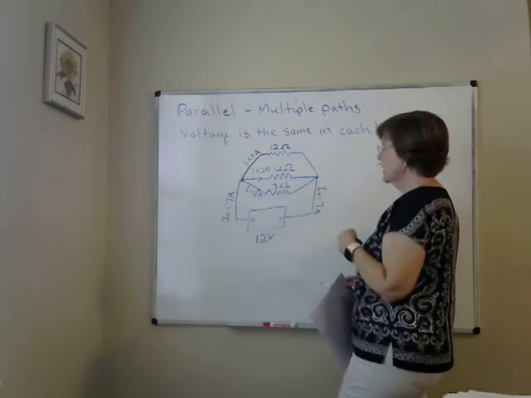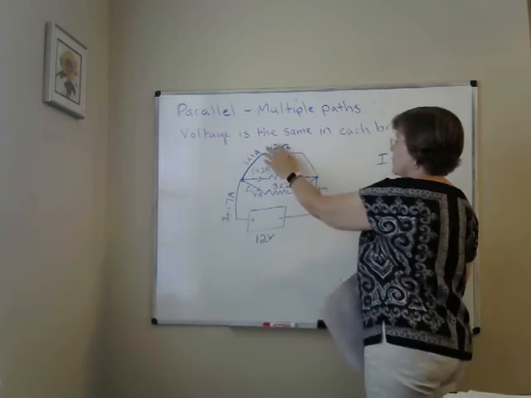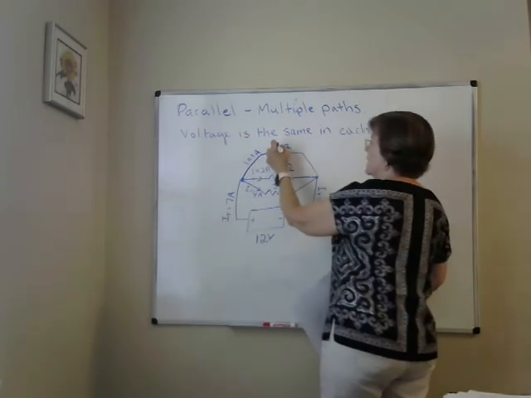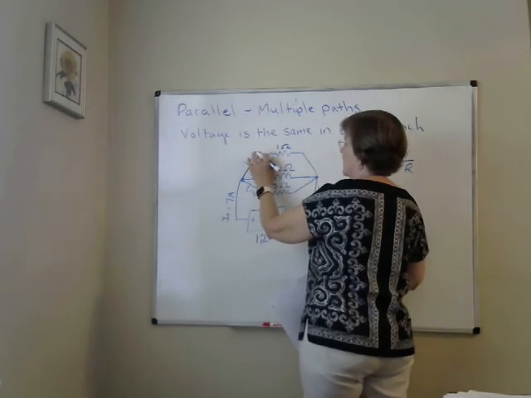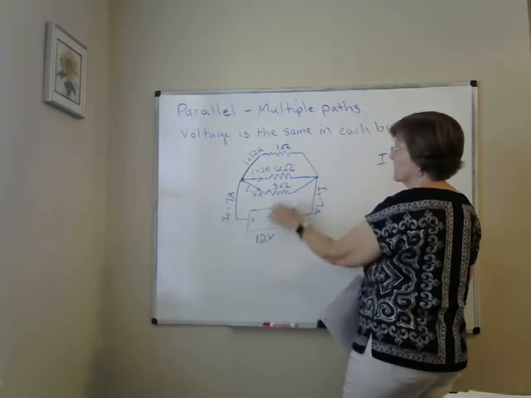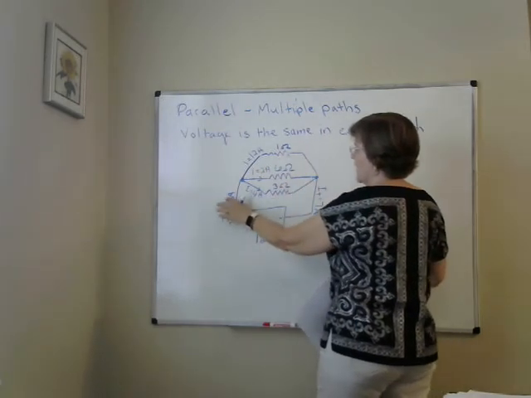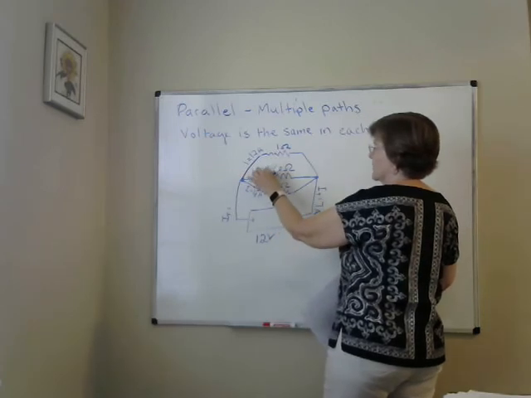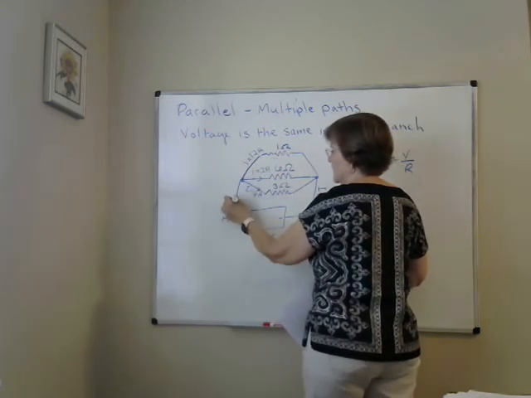Suppose I change this to 1 ohm. If I have 1 ohm here, that will draw 12 amps of current because 12 volts divided by 1. Well, now I'm going to have a total of 4 plus 6 plus 1, I've got 18 amps.